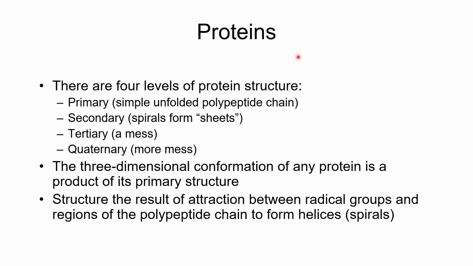Secondary involves spirals and sheets. Tertiary is now the bending, and the quaternary is where we bring in different motif groups. And these 3-dimensional conformations are what gives that protein its function. How it bends and folds on itself is going to dictate what it can do. And what dictates how it folds and bends is the primary structure.